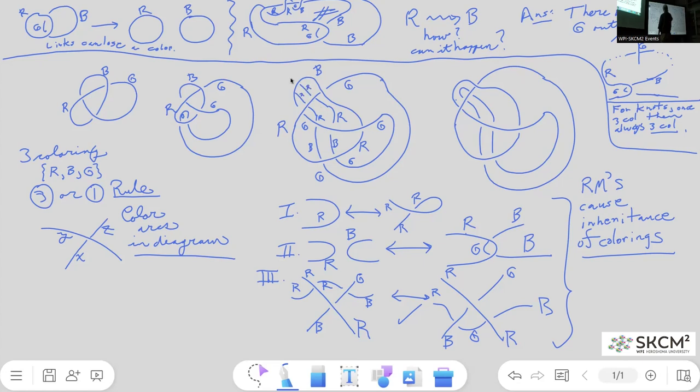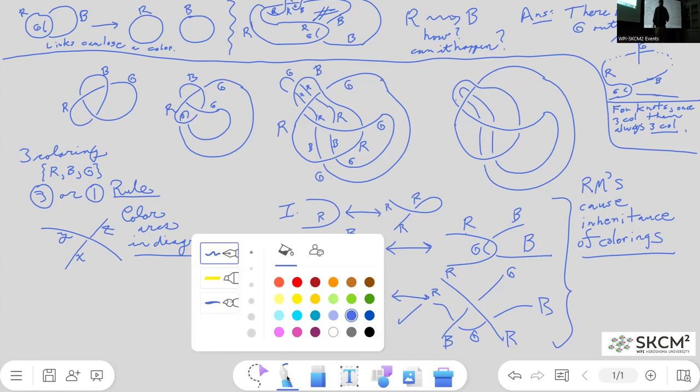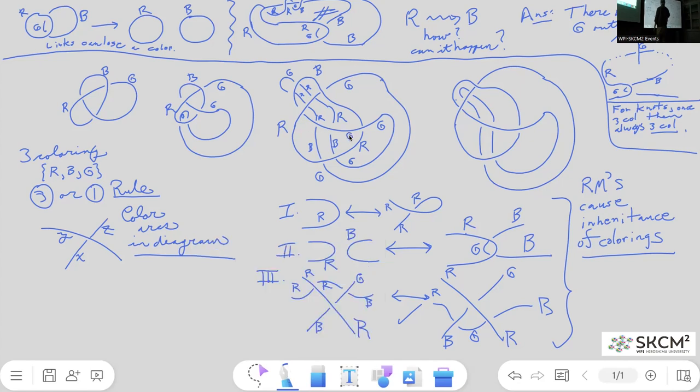And then this becomes red, blue, green. Okay. So you see, I'm making more and more complicated diagrams, and they're all getting three colored. And our theorem says that no matter what complicated diagram you produce from the trefoil knot, it'll still be three colored. And let me erase that green there. Put it in somewhere else over here.